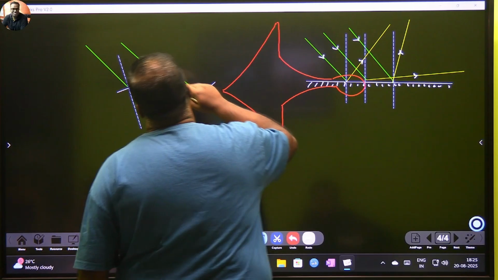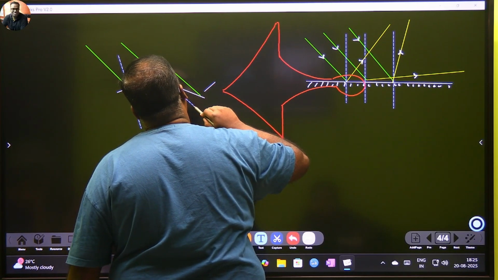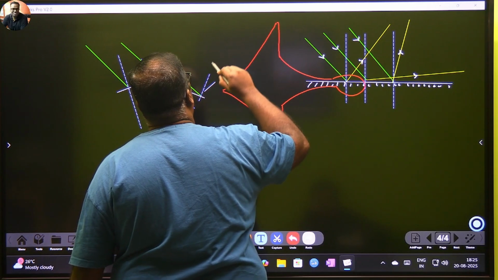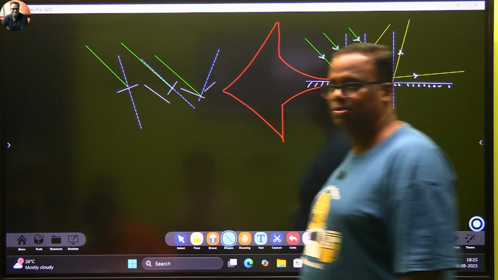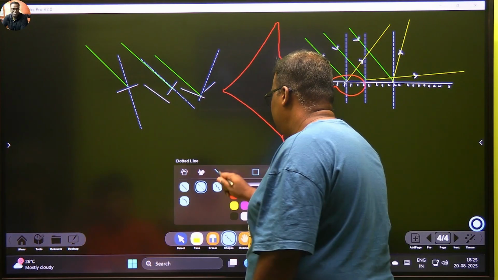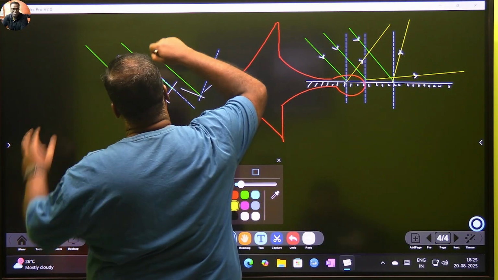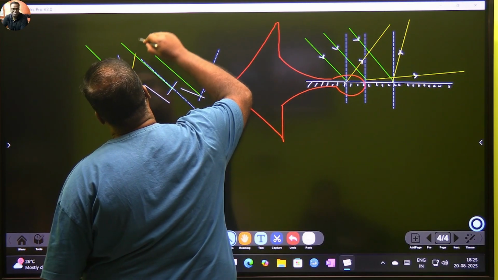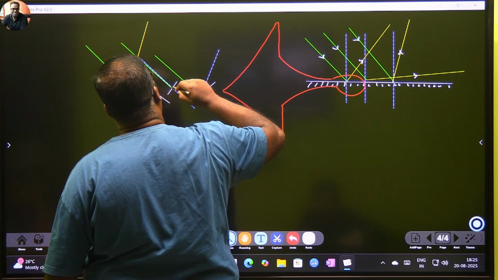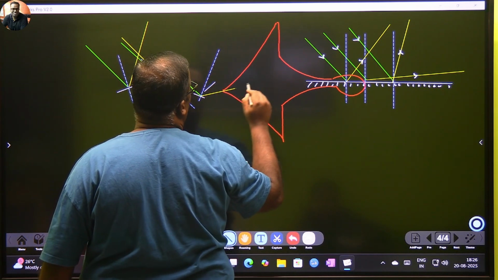Right? Let's see the next normal. The next normal would be like this. They are normal to the surface. The third normal would be like this. Have you understood? Now you apply the law of reflection. What is the law of reflection? The angle of incidence is always equal to the angle of reflection. Now see, the green rays were actually parallel, but the yellow ones are all following the law of reflection.